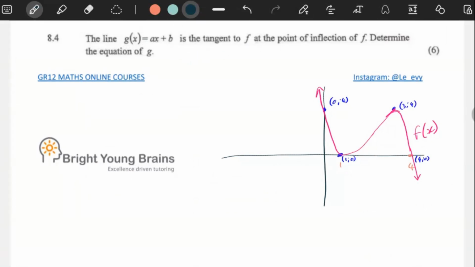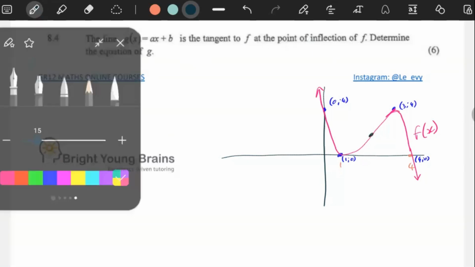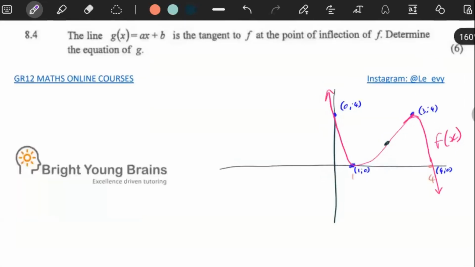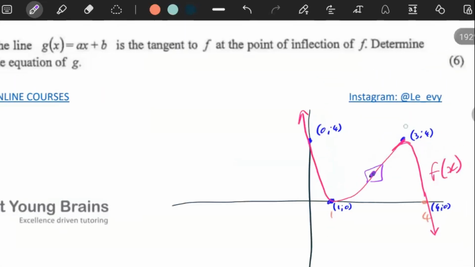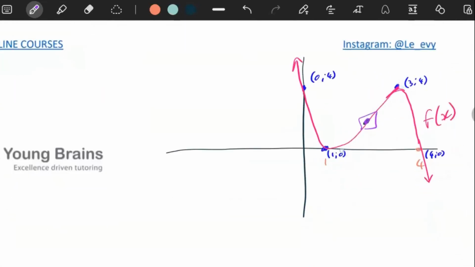It is a tangent to f at the point of inflection of f. So fortunately we know where the point of inflection is. The good news is your point of inflection is always the point right in the middle of your graph, and it is also the midpoint of your two turning points, meaning in between 1 and 3, the x value is a 2. In between 0 and 4, the y value is also a 2, coincidentally.